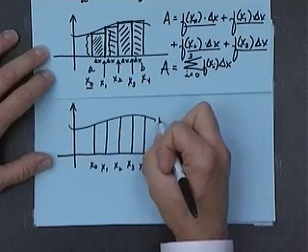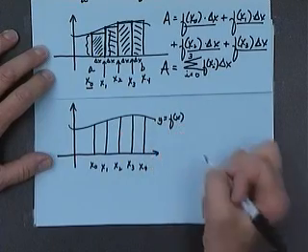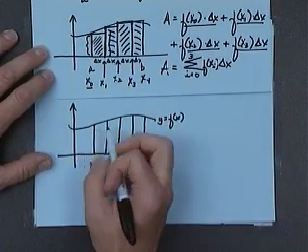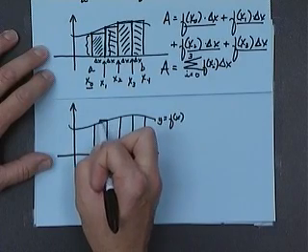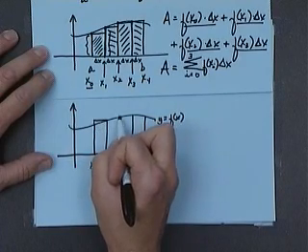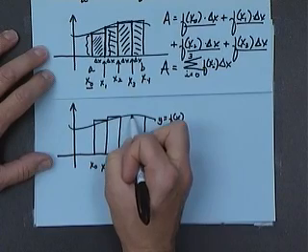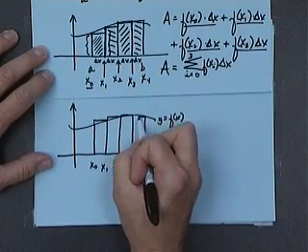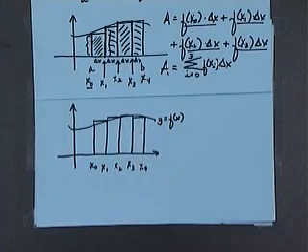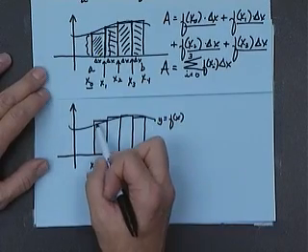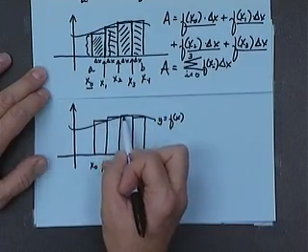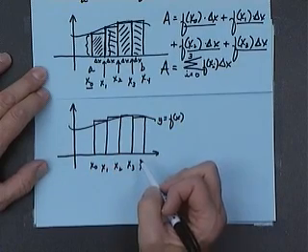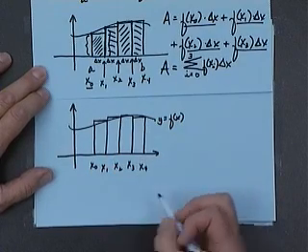It's still the same f of x. But instead of choosing the left-hand endpoint, let's choose the right-hand endpoint. So we've got kind of the opposite situation: we've got too much area in these first three, and we don't have enough in the last one.